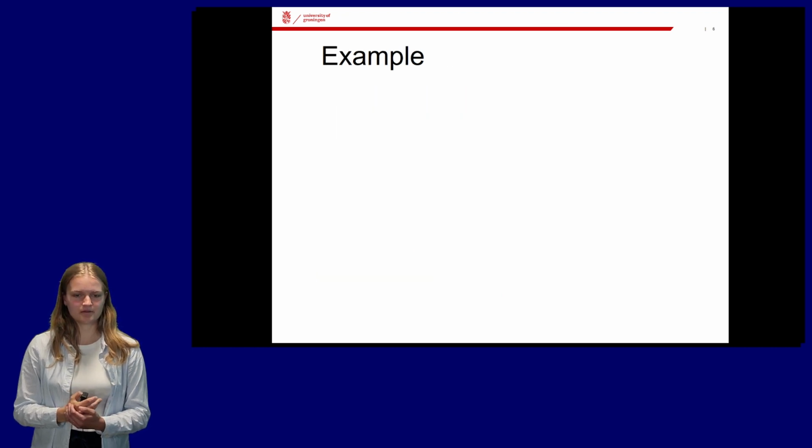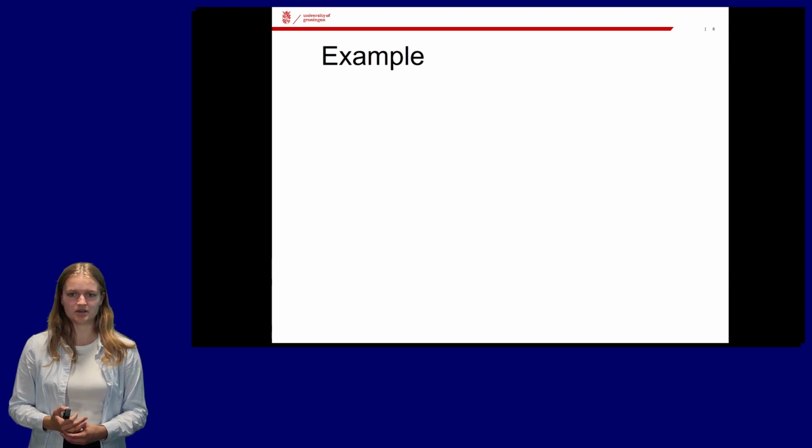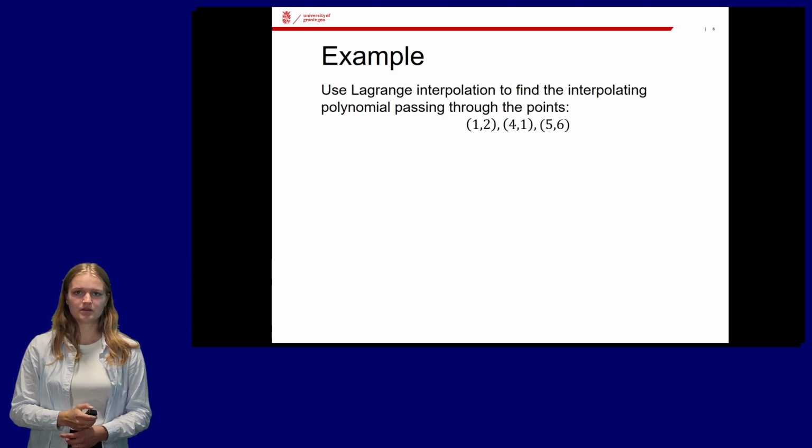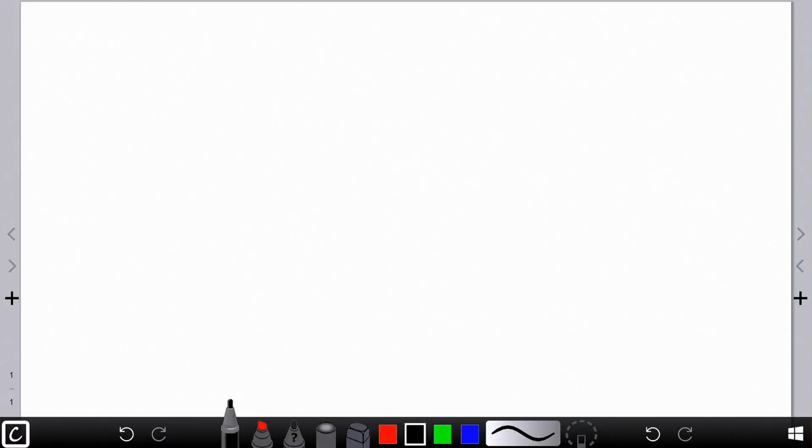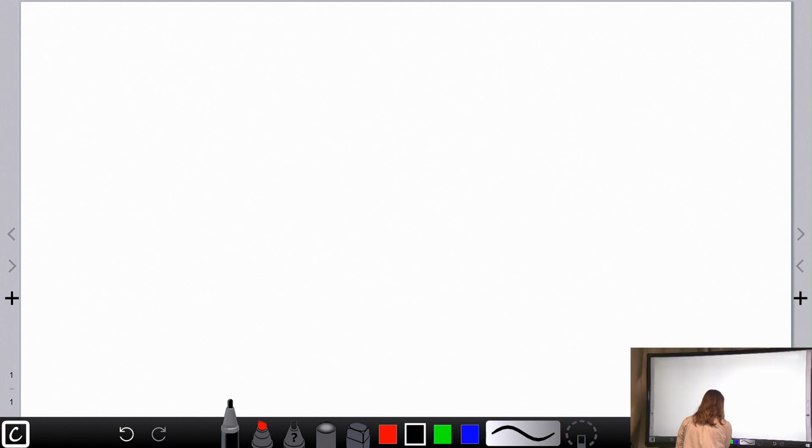So it may seem a little abstract still, so we will discuss an example. So we want to find the Lagrange polynomial going through these 3 data points. So we have n is 3, and therefore our Lagrange polynomial is going to be of the order 2.